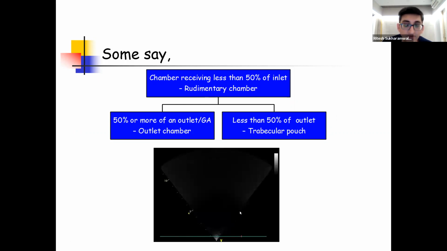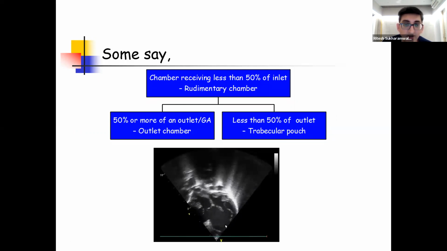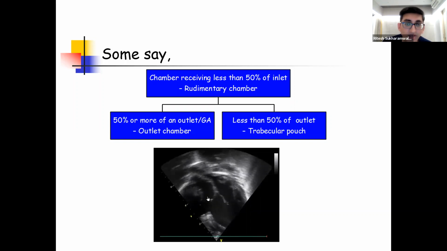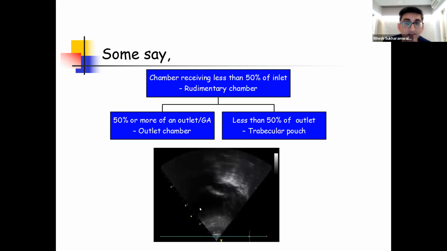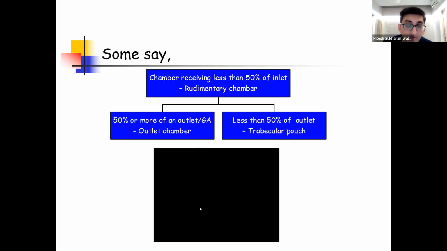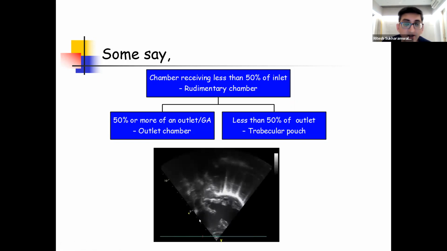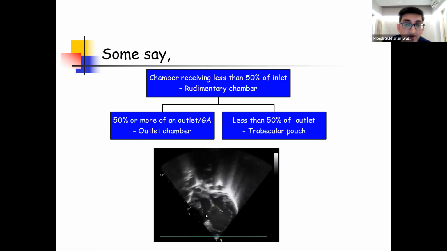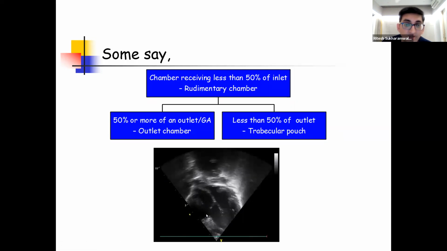In this particular picture, what we can see is a ventricle which is receiving mitral valve flow and also the tricuspid valve flow, but this right-sided ventricle is receiving less than 50% of the inflow. Hence, the right-sided ventricle cannot be qualified as a ventricle, but has to be qualified as a rudimentary chamber.